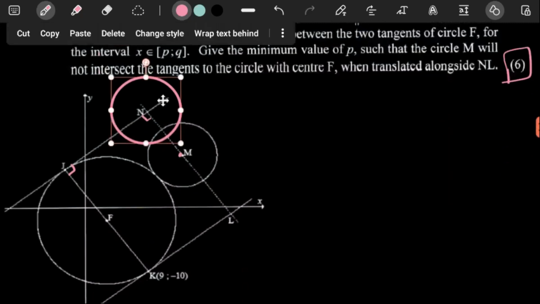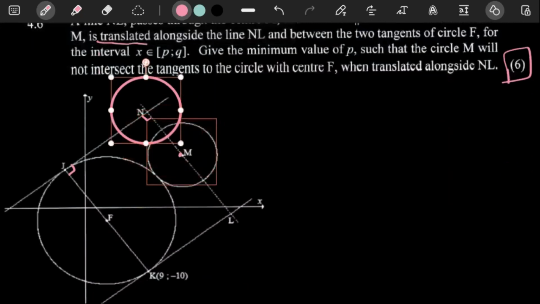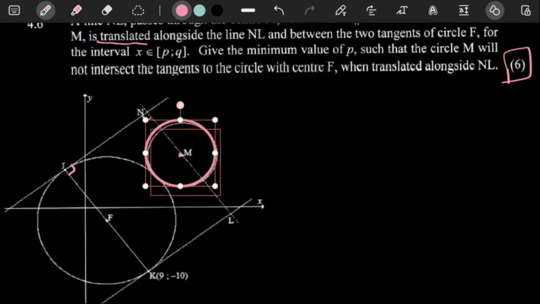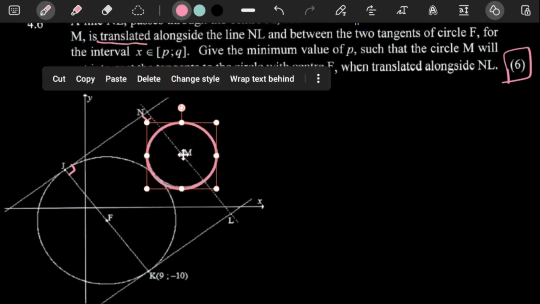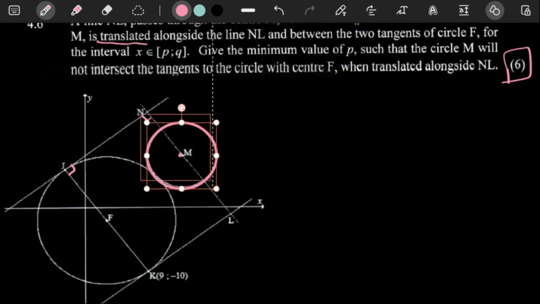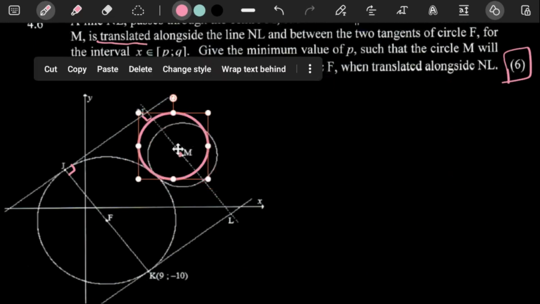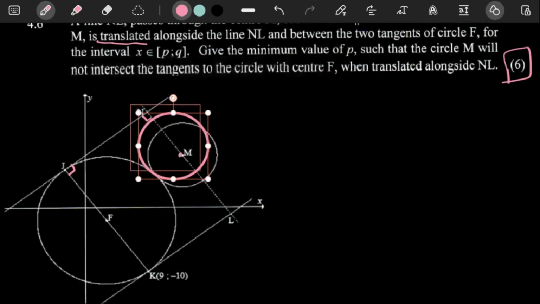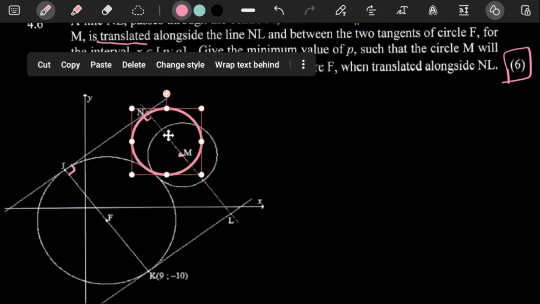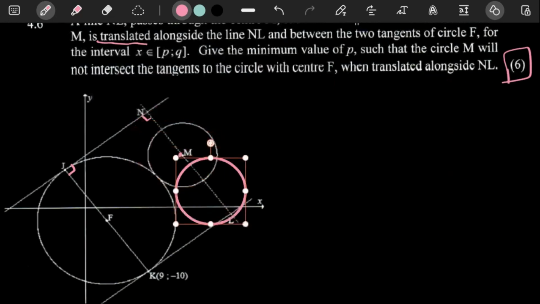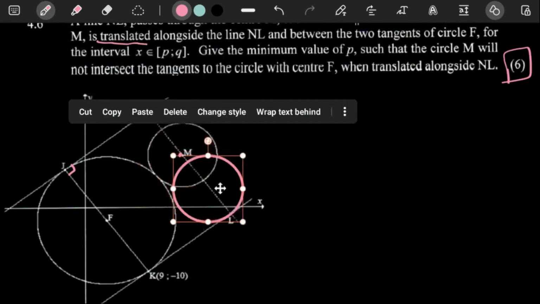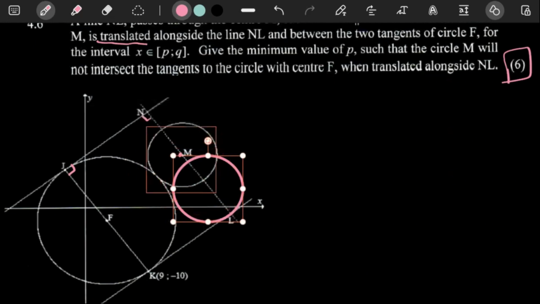Okay, well, this question, all they mean is, if your circle is here, this is the original place where your circle is, right? Now, what's the furthest you can move it and your circle won't be touching your tangents? And then what's the furthest you can move it and your circle also won't be touching your tangent here? So that's what we need to do.